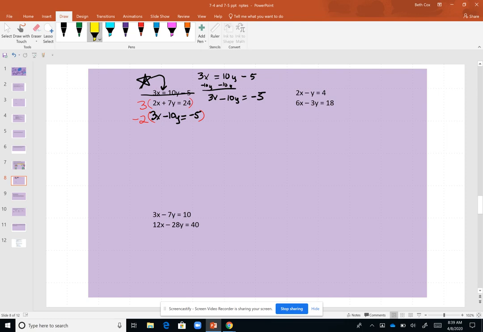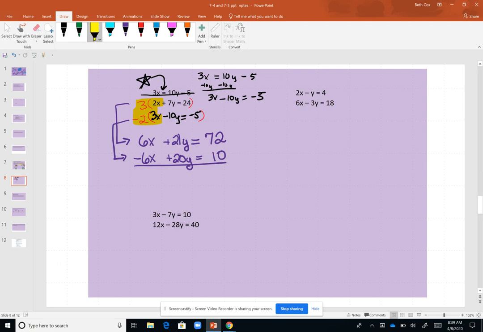What that's going to do is create 6x on the top one and a negative 6x on the bottom one. So let's do that real quick. This top one is going to become 6x plus 21y equals 72. And the second one is going to be negative 6x plus 20y is equal to 10.